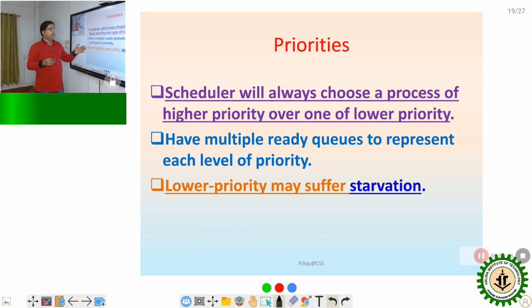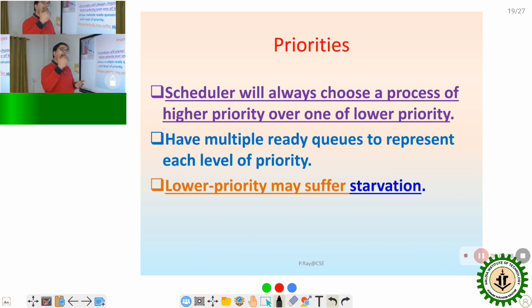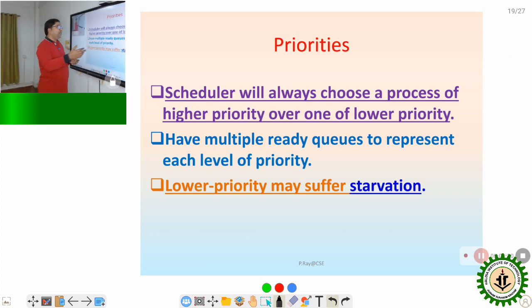If there is a process with a lower priority, the higher priority job will always execute first, and the process with lower priority can't be allocated to the CPU for a long time. We call that starvation. The terminology we are using is starvation.